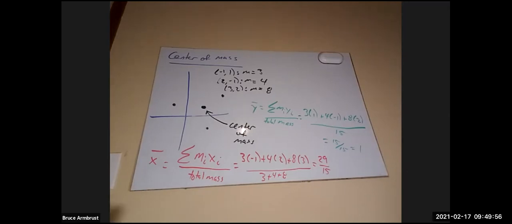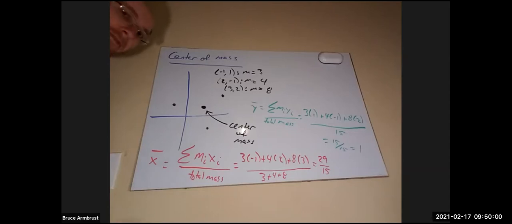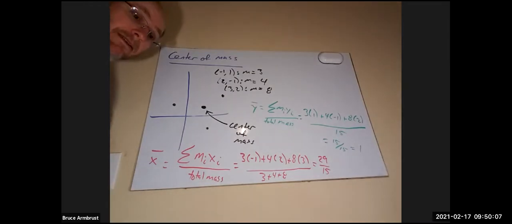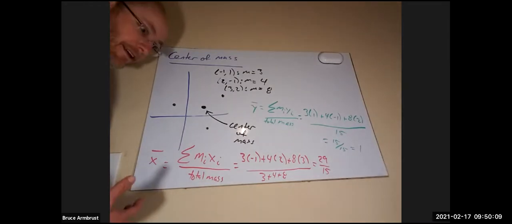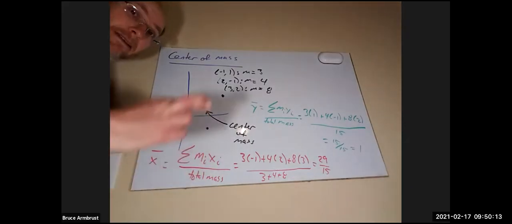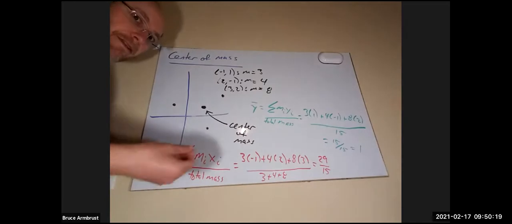But the question is, what do we do if we have something that's not just points? What if it's an extended object? Because in the real world, that's what we're going to be dealing with, right? When we send the rover up to Mars, we'll get excited, it's landing tomorrow. When we send that rover up to Mars, it's not just a couple of points put together.